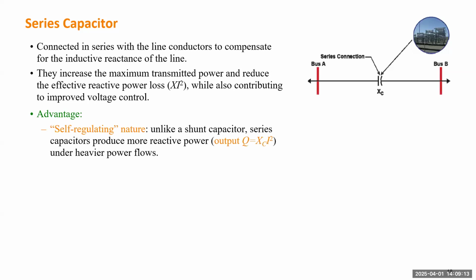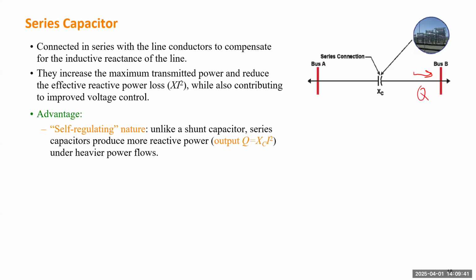The Q is equal to the reactance multiplied by the current squared. So if the system is operating under a heavy load condition, for instance, bus B connected to a load, and the voltage becomes worse and the current increases, the increased current will make more Q go into this substation B. That's different from the shunt capacitor.